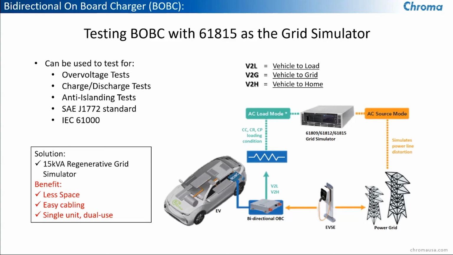However, now with our product being a nice compact 3U package at 15 kVA, you can do all of that in one unit. It gives you the ability to act as the grid when needed and to act as the source when needed. And it will put the power back into the grid when acting as a regenerative load rather than dissipating it as heat.